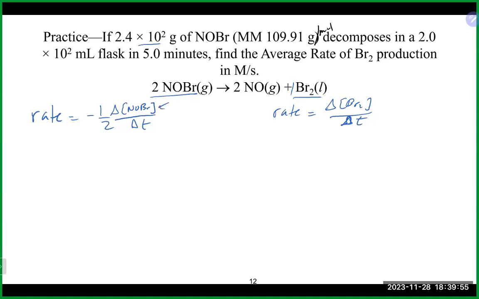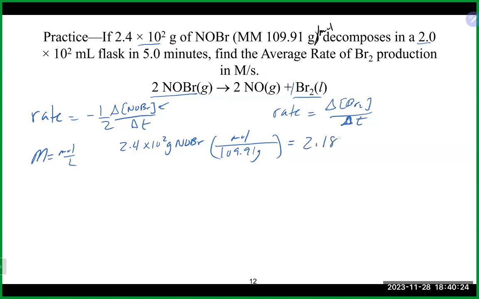In this case, we do need the concentration. We have grams and we have volume, so we need to calculate the molarity, which is moles per liter. We'll take our 2.4 times 10 to the 2 grams of NOBr. They were nice enough to give us the molar mass of 109.91 grams per mole. That will get us 2.4 times 10 to the 2 divided by 109.91, and we'll call it 2.1836 moles.